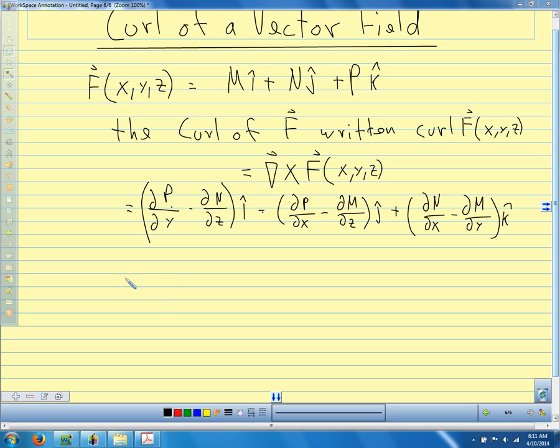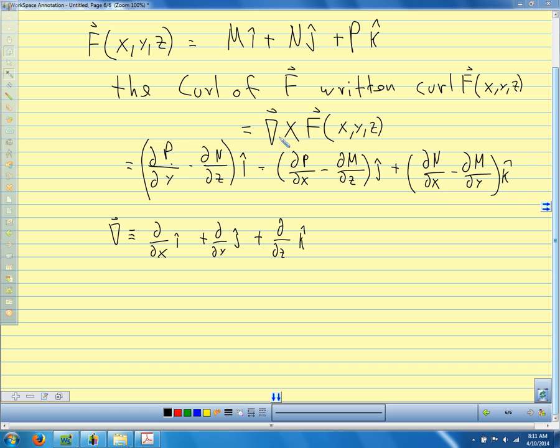So del, remember we defined del, three equal signs means defined, d dx i hat plus d dy j hat plus d dz k hat. So we can simplify this notation for del cross f for the curl as this determinant.